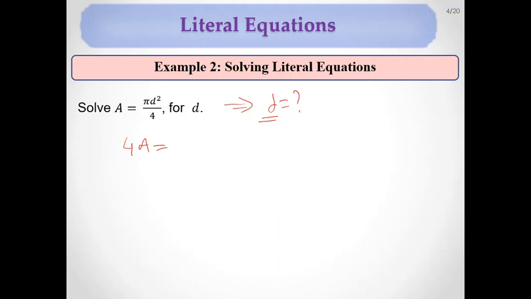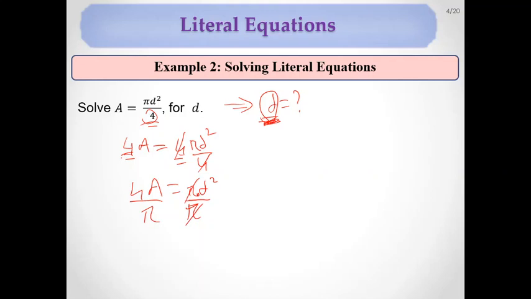You multiply both sides by 4, so the 4 cancels out, and 4A is equal to pi d squared. We don't want the pi either because we want D alone, so divide by pi, because it's multiplication. So we end up with this.